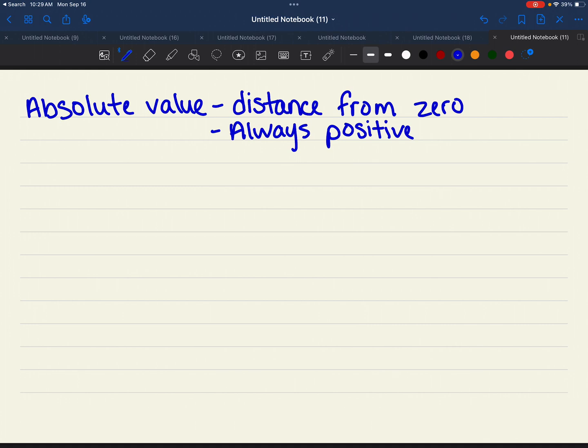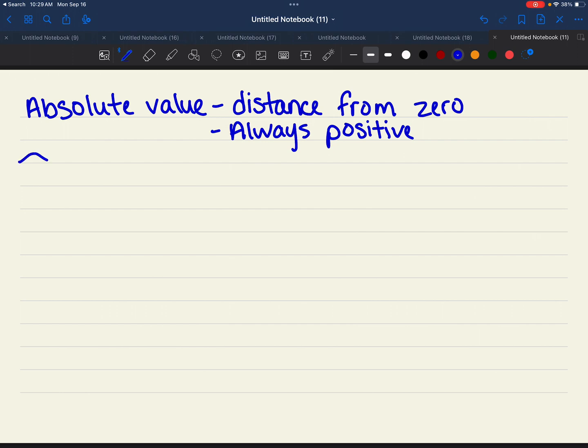Some people have to recognize the difference: there are cases where you could take the absolute value and then do something else to your answer, so your final answer may not end up positive. But anytime you take the absolute value of something, it's always going to be a positive number.